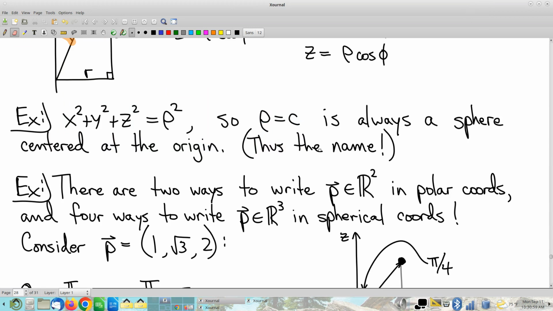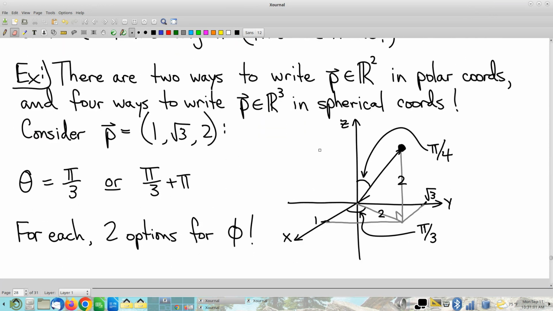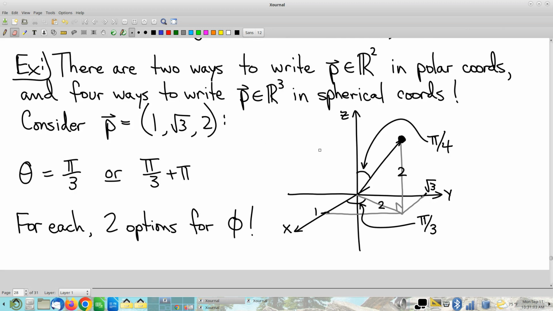Okay, next example. And this is about the failure of uniqueness. Remember, polar coordinates are not unique. Cylindrical coordinates are pretty much just polar coordinates, so also not unique. Likewise with spherical coordinates, except with spherical coordinates it's worse. Other than adding 2 pi as many times as you want, which of course you can always do for any angle, it's exactly the same as far as trig is concerned.